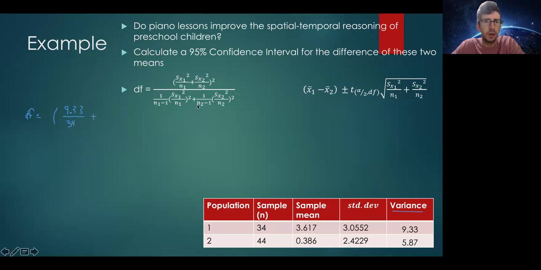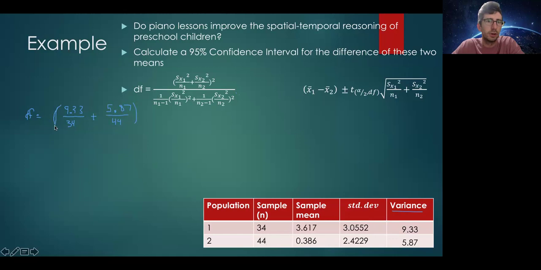And then we add that to our sample 2 variance, which again, if you don't have the variance, you just multiply the standard deviation by itself, divided by sample size 2, which is 44.